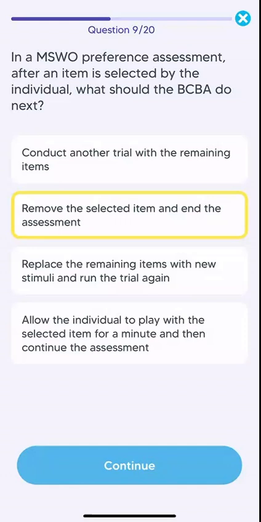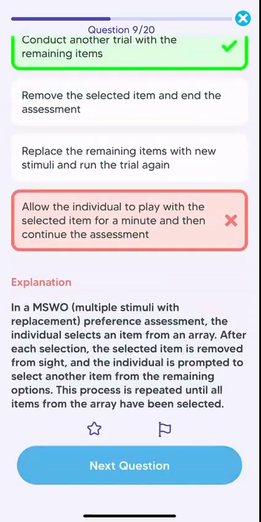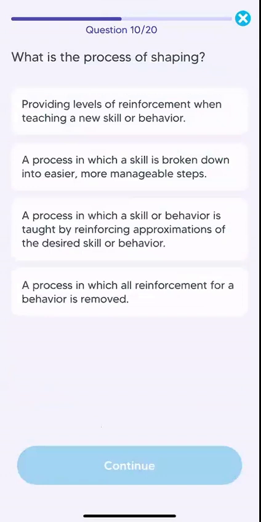Allow the individual to play with the selected item for a minute and then continue. Last one? In multiple stimulus without replacement, conducting another trial with the remaining items. Read carefully; he continues, but randomizes the items. Conduct another trial with the remaining items, yes. He has to remove the first one.